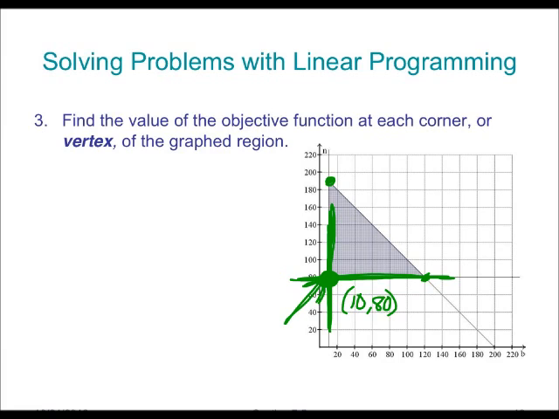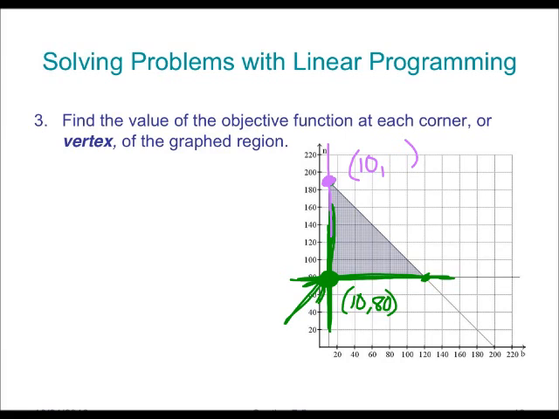The rest of the points are easy, but not quite as easy. So this point right here in the purple, again, it was on the line where b was equal to 10, so I already know the b value. To find the n, you're not going to guess. You're going to actually have to plug it in.